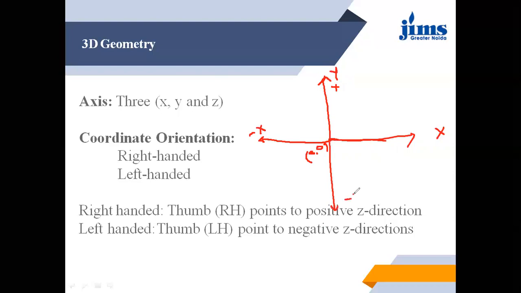So when we talk about the third axis, suppose it starts from O going to the upper side, to the top, then this is called positive z, meaning the values in this direction are positive. When it is going in the opposite side, its value is minus z.